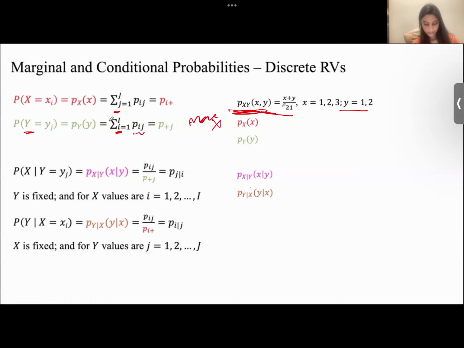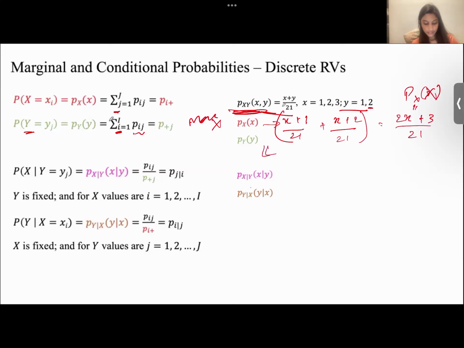So it would be (X plus 1) divided by 21 plus (X plus 2) divided by 21. This gives X plus X, 2X, 2 plus 1, 3, so (2X plus 3) divided by 21. So this is your marginal probability of X, P of X.